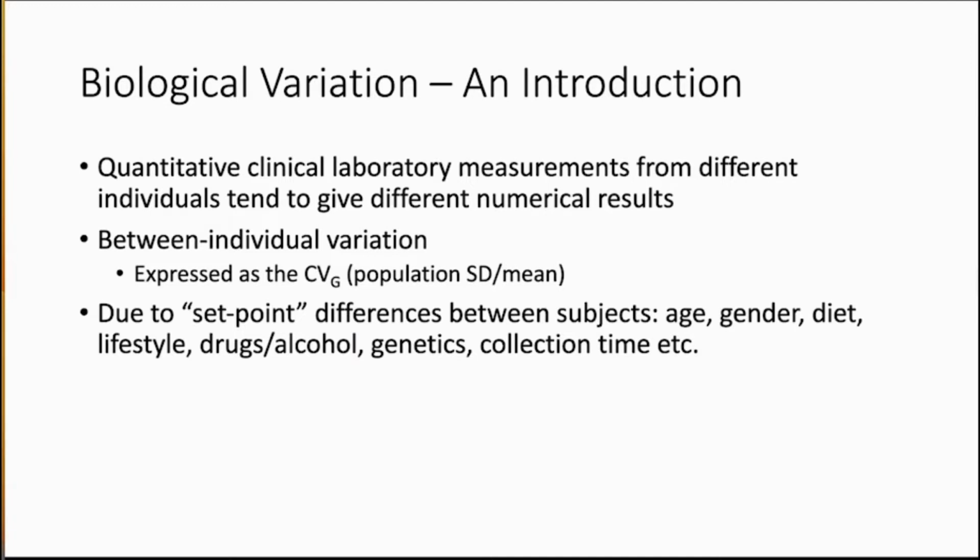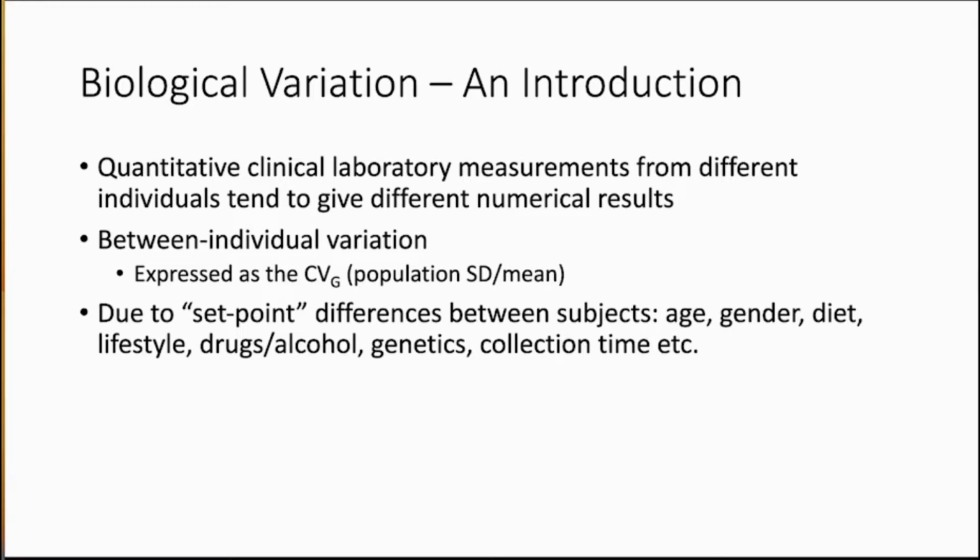So biological variation. When we measure in a quantitative way some analyte or measurand in a clinical lab assay, we get different values from individuals. And we can think about that variation in two different ways. One of them, and maybe the more obvious one, is the between individual variation, which in the terminology of this field is known as the CVG, meaning the coefficient of variation at the group level.